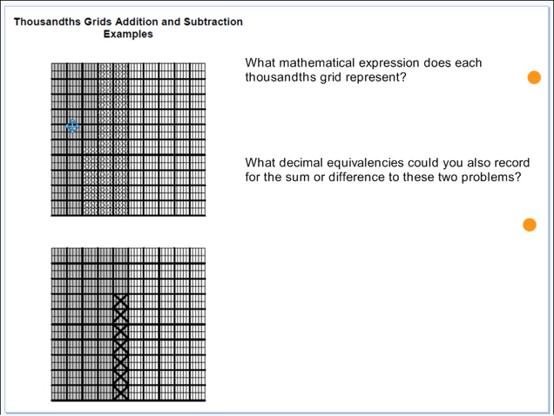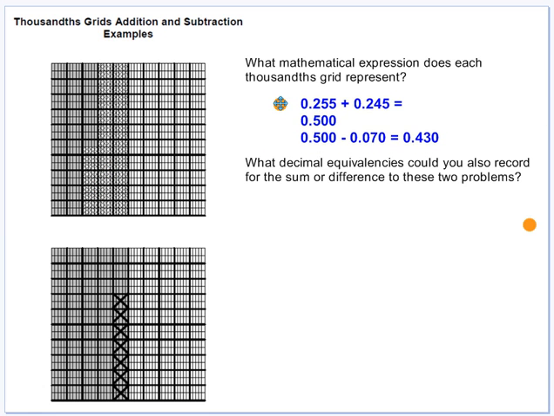So 255 thousandths and 245 thousandths is what we're adding together. Yep, I got it right. For a grand total of 1, 2, 3, 4, 5 total columns shaded in for a total of 500 thousandths.